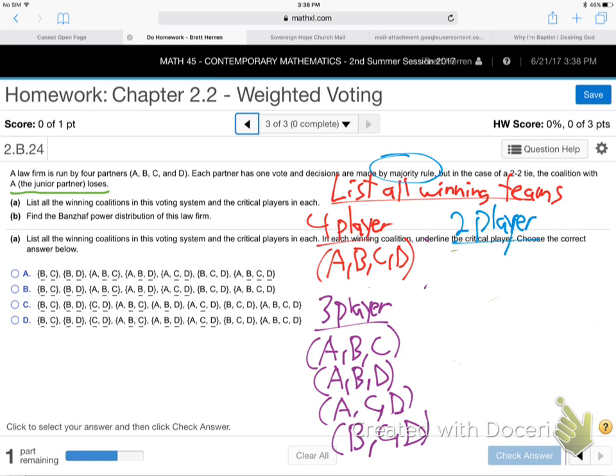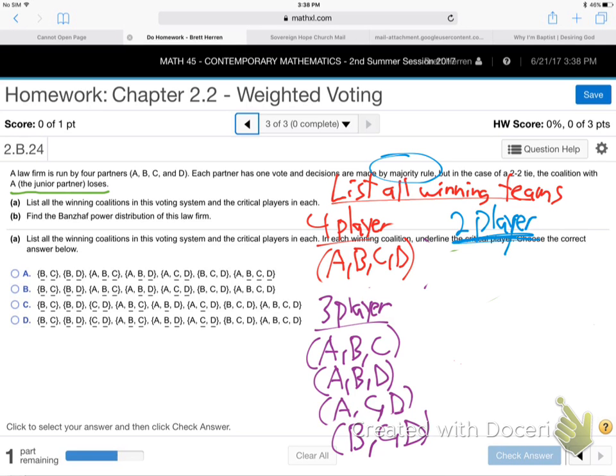Now, when we list the 2 players, we do have to think about it. You're going to only have 2 players that like to do something, so you're going to have to think about the tiebreaker rule. So how can 2 players be a winning team? How can 2 people get together, want to do something, and they get their way? Because 2 want to and 2 don't is a tie.